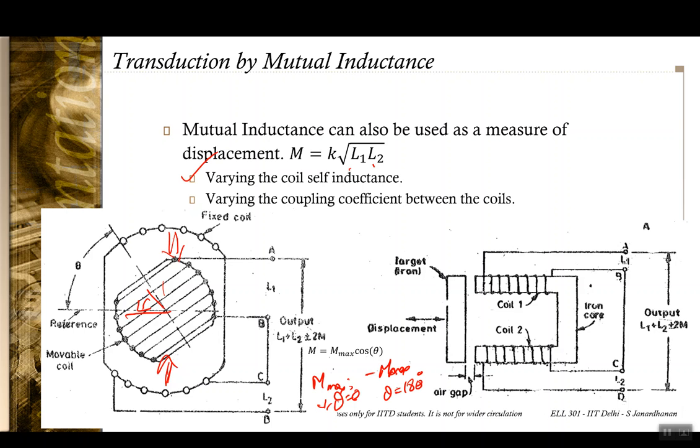So when the coils are in phase, or in phase opposition, you will go from plus M max to minus M max. If you connect both of these coils and measure the effective inductance, you would get L1 plus L2 plus 2M or minus 2M, depending upon whether these two coils are in phase or out of phase when theta equal to 0.